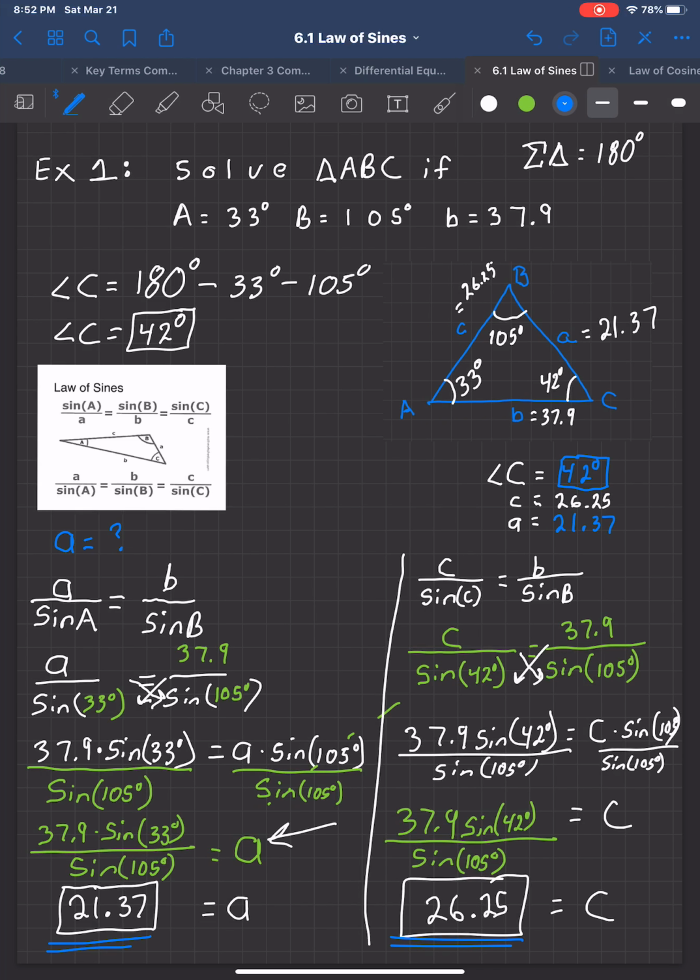We want to take pride in our work. If you round right here, then you round here, then you round at the end, do you see how every time you round, you are compounding your margin of error? So you're getting farther and farther from the true solution.